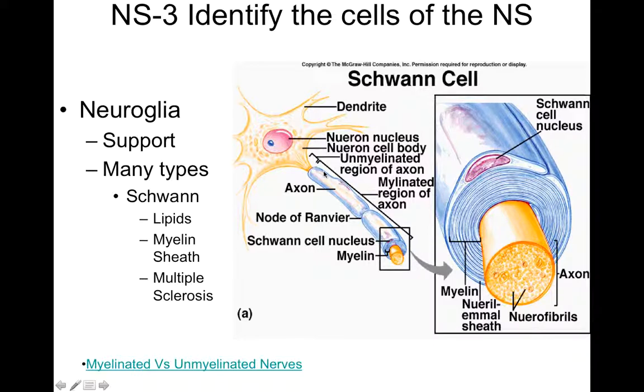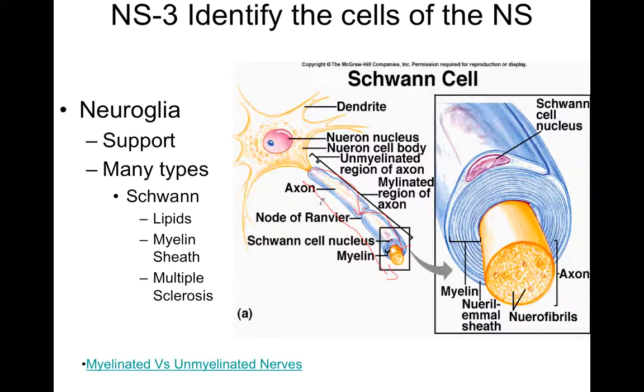Because with the Schwann cell there, the signal can actually use what's called saltatory conduction. The signal normally has to travel down the entire axon, which happens very quickly. But with a Schwann cell, it's almost like skipping over those pieces.